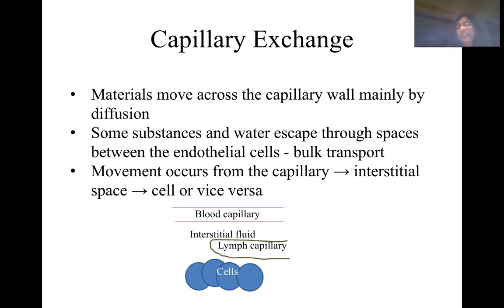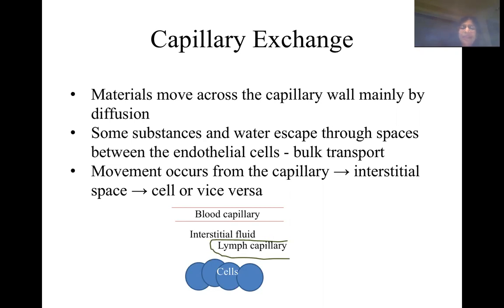And here you just have the endothelial layer and the basement membrane. You already know that capillaries are also called exchange vessels. This is where exchange of substances between the capillaries and the tissue occurs.